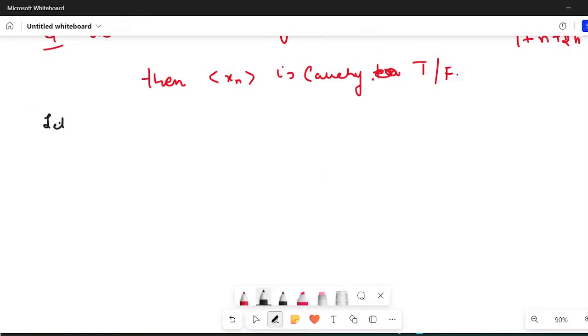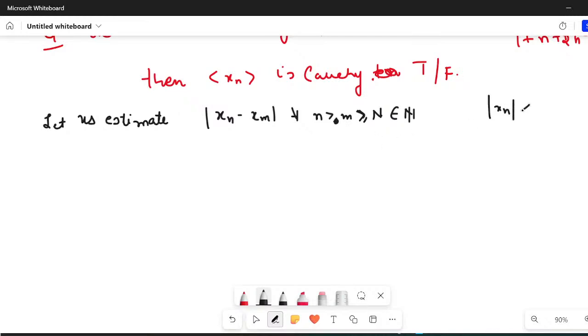So what I'll do, let me try to estimate something. Let us estimate modulus of xn minus xm, for all n greater than m, greater than or equal to some natural number. And what is modulus of xn given to be?